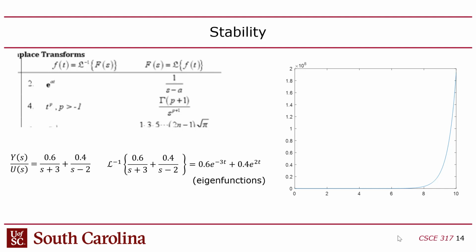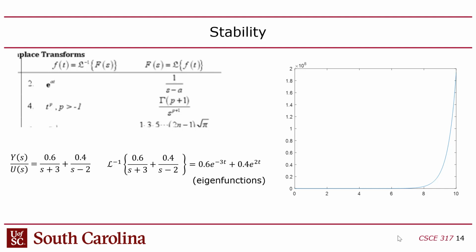So you've got e raised to the -3t, because a is -3 here, and a is 2 there. So you got -3 and 2, and then you have these scalars in front of them, so 0.6 and 0.4. Does that make sense?